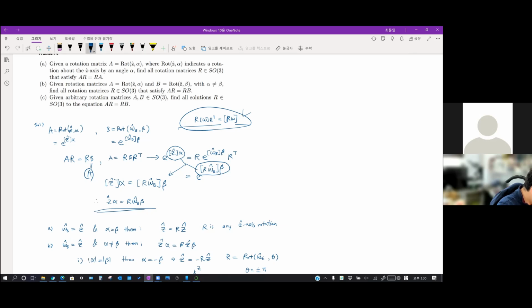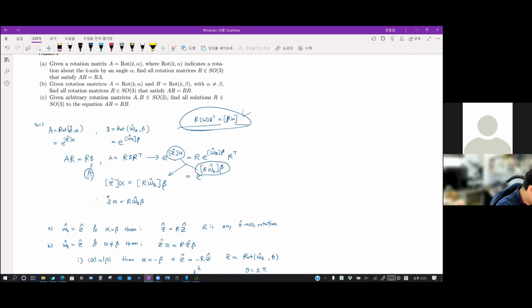Then this equation is transformed like this. These two things are erased, and this one becomes Z. So the relationship is like this.